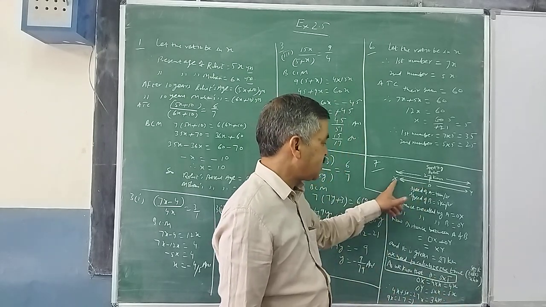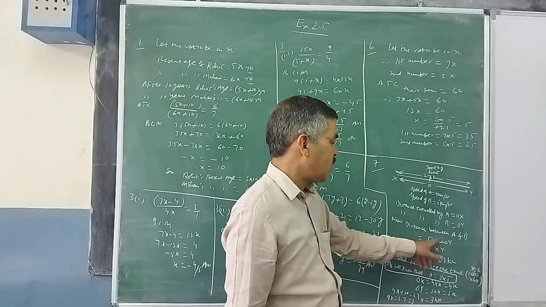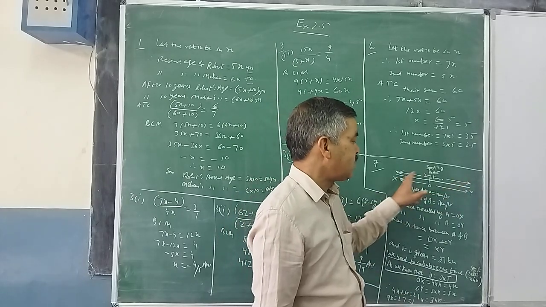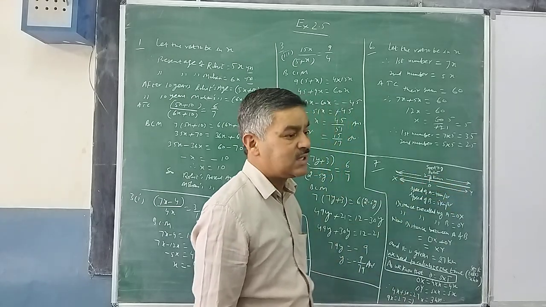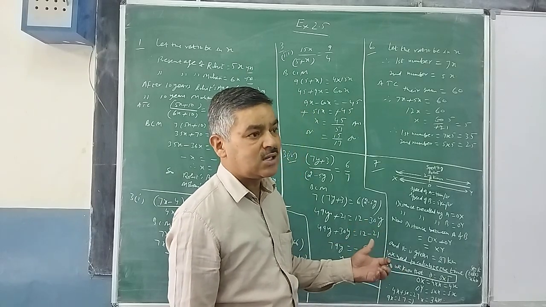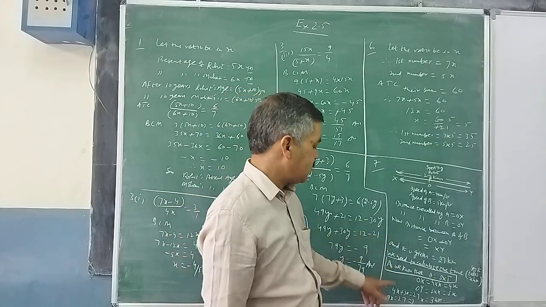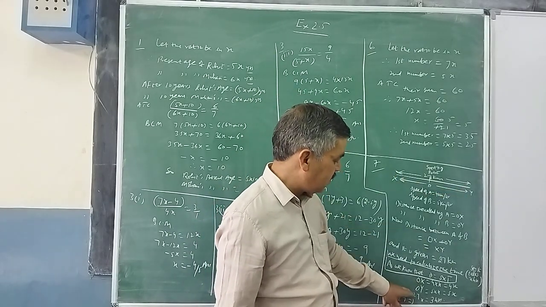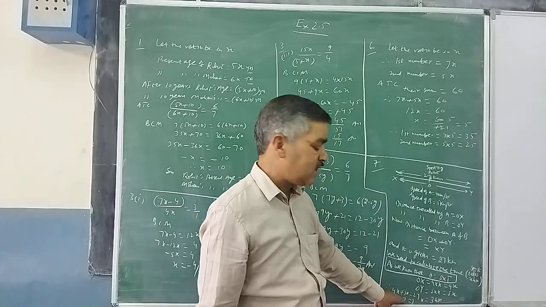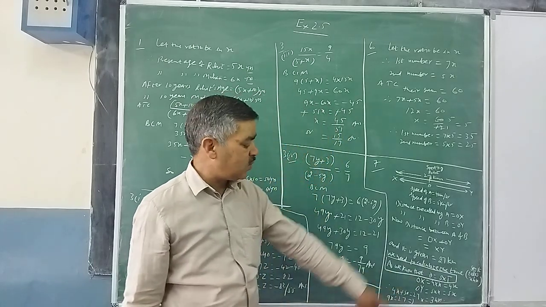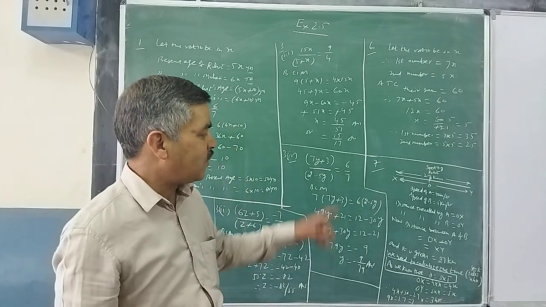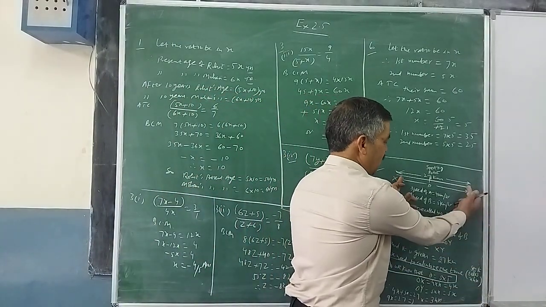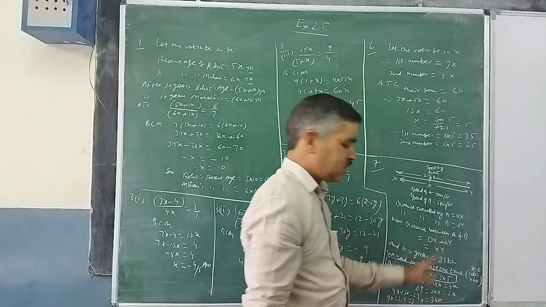Then 4x plus 5x, the total distance between them after X hours, is given as 27, and that time X I need to calculate. So 4x plus 5x is equal to 27, that is 9x is equal to 27, and if you calculate the value of x from this equation, it is equal to 3. So after 3 hours, A and B will be 27 km apart from each other. That is the answer for this.